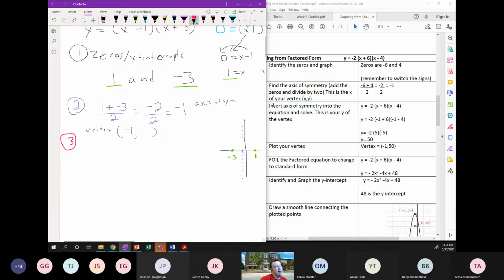To find the y coordinate of the vertex, we put the axis of symmetry into the equation and solve for y. So we go back to the original equation, y equals (x minus 1)(x plus 3), and we're going to put in that number.